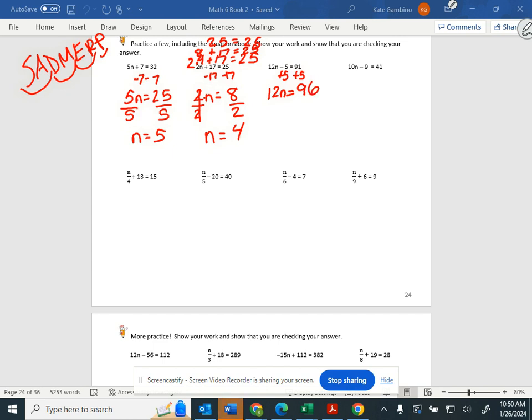Marina, can I show my work in a different way? I'm still gonna show my work, but can I do it a different way? So there are reasons why I have us do it this way where it goes down, because when we get to even more complicated equations, which we will in pre-algebra and algebra, we want to be able to follow so we know we're balancing out both sides.